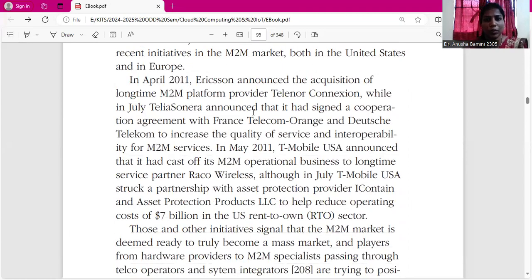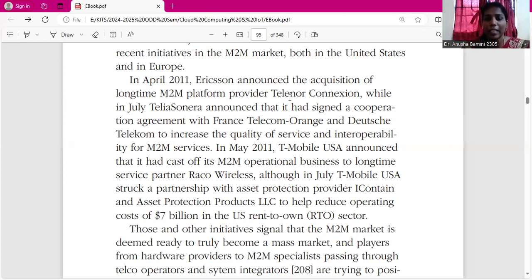Okay, so in April 2001, this Ericsson, we all know about the Ericsson company. It's a telecommunication company. At first, this company provided a telecommunication connection to the M2M devices that was called Telenor. Telenor means a lot of telecommunication systems are cooperated or interconnected.